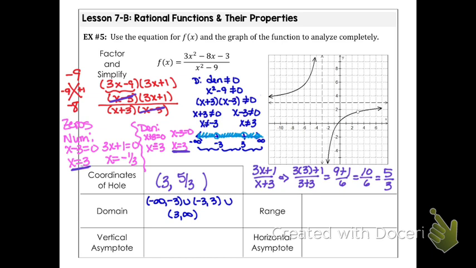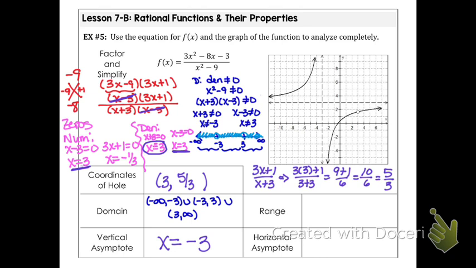All right, so remember your vertical asymptote is the factors, the zeros, that only the denominator had. So the only zero that the denominator has is that negative 3. So we have a vertical asymptote at x equals negative 3. Now for the horizontal asymptote, we look at the highest degree of x.